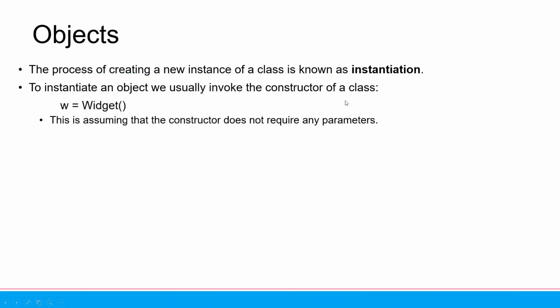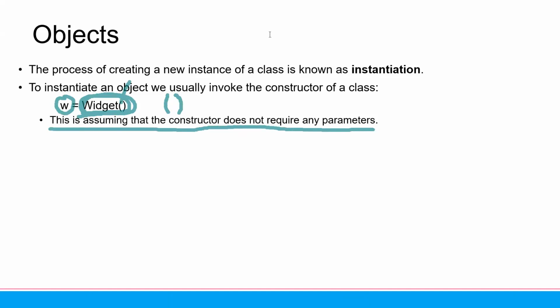If you still remember from computer programming, you will see a class name, let's say widget, and then you will make a new object with the parentheses. We call this an instance, and we call this the class. This is assuming that the constructor does not require any parameters.